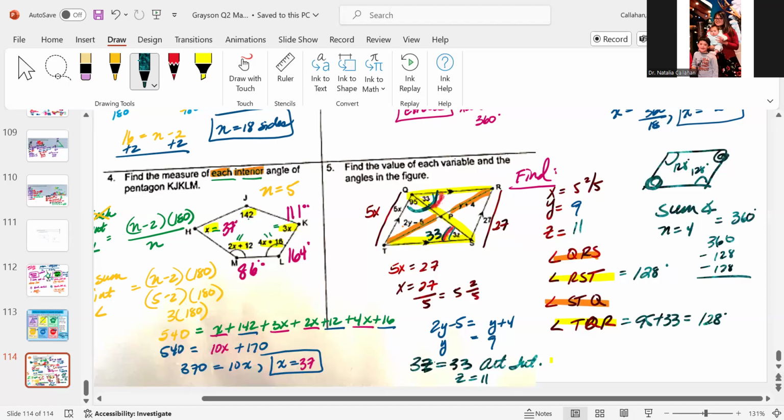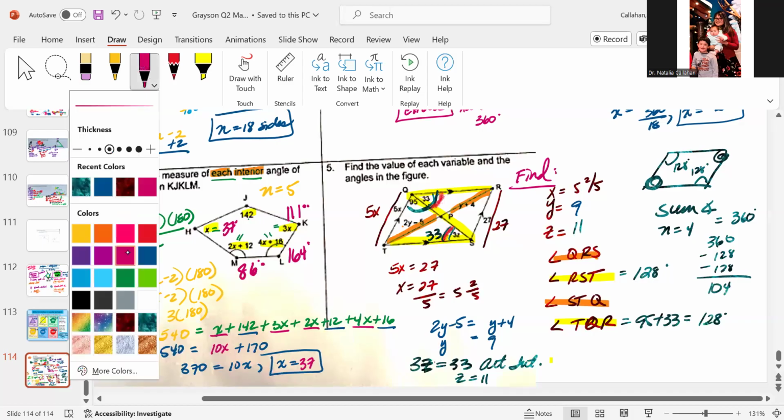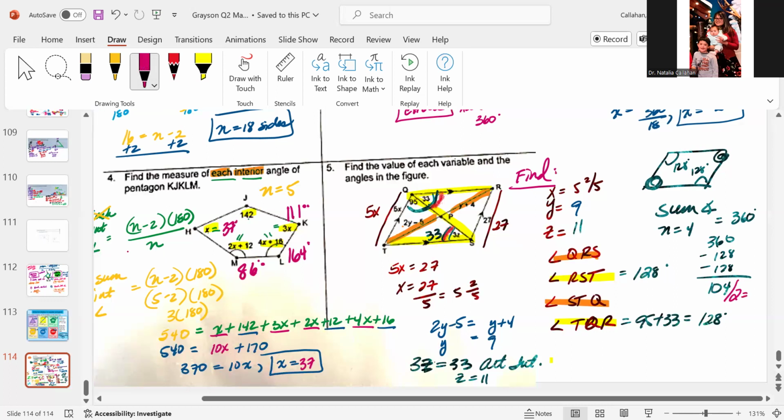So what's 360 minus 128 minus 128? 104. Yeah, but there's two angles, so let's divide by 2. 52. Right. And that's equal to STQ. There you go. And we're done.